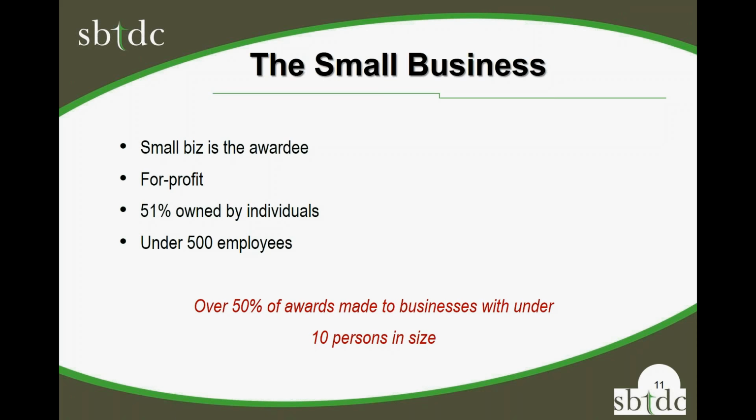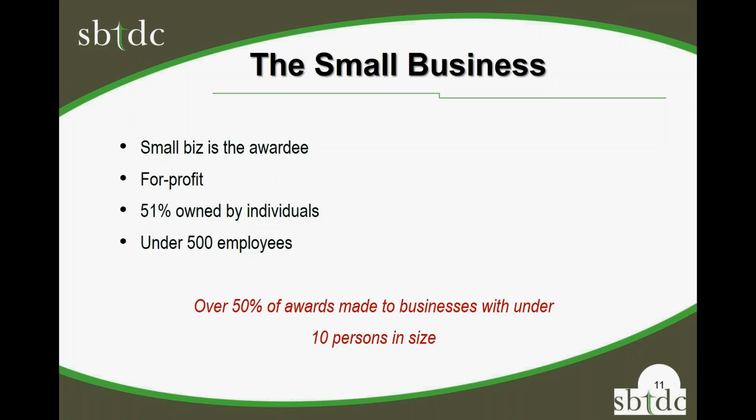The basis for this is that they, being the Small Business Administration who oversees the SBIR and STTR programs, want to see that the small business is majority owned by individuals, such that that's proof that it's not per se a large or a subsidiary of a large corporation, or owned by a partner, a large partner company, etc. And the small business has to be under 500 people in size.